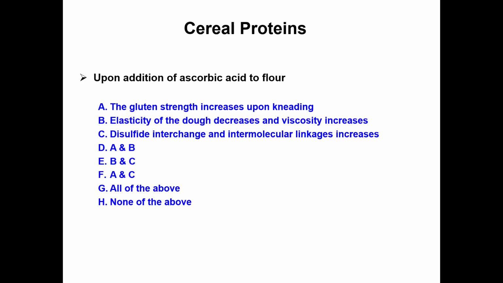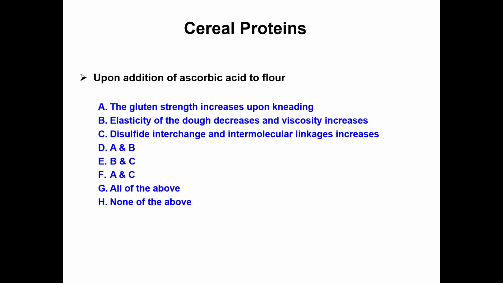So the elasticity increases and viscosity decreases. So it's A and C. Not B. A and C. Ascorbic acid acts as a reducing agent and it breaks the original disulfide bond within the molecule itself.